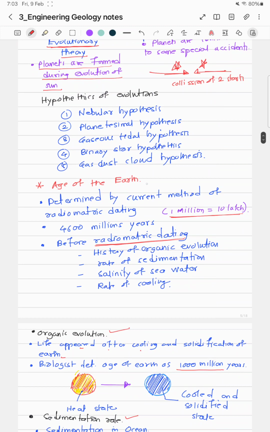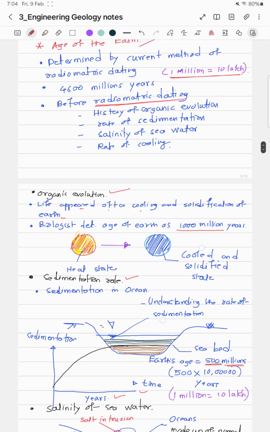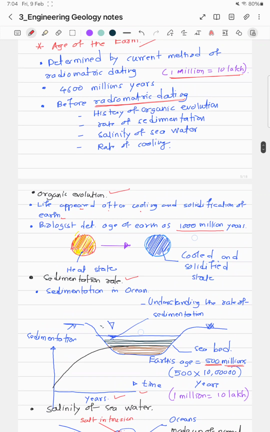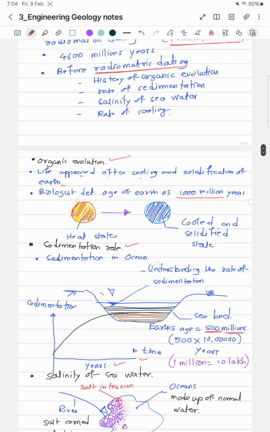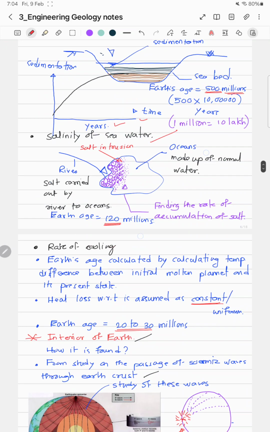And then we have also studied the methods which we use to calculate the age of the earth. There are different methods like organic evolution, sedimentation rate, salinity of sea water, and rate of cooling.